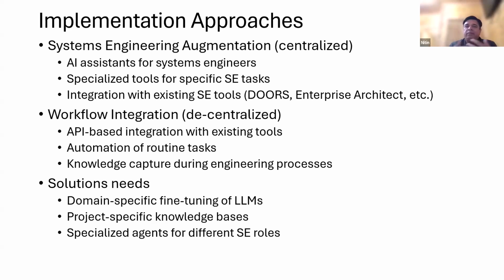Then the team member can use that output, improve their artifacts, and push them to the next level. So instead of doing one specific role, you can define which processes you want AI to be part of, and then you integrate the AI as part of those workflows. Those workflows use different tools, so an integration of Gen AI with different tools is required. Today, there are multiple tools available where AI can be integrated.